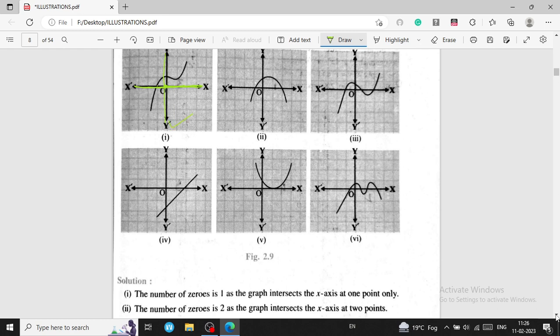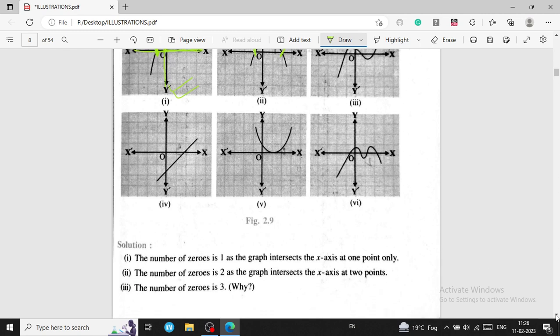In this figure, you can see the number of zeros is 1, as the graph intersects the x-axis at only one point. And in figure 2 there are 2 points on the x-axis, so we can say the number of zeros is 2, as the graph intersects the x-axis at 2 points.